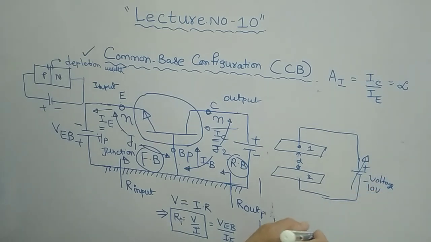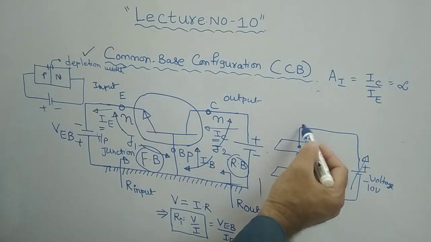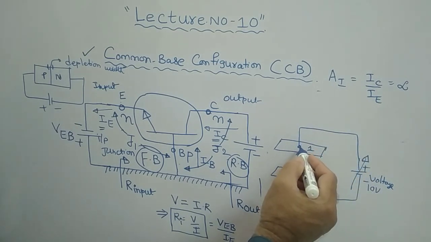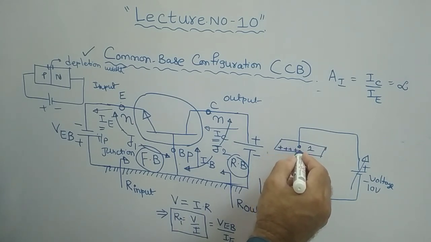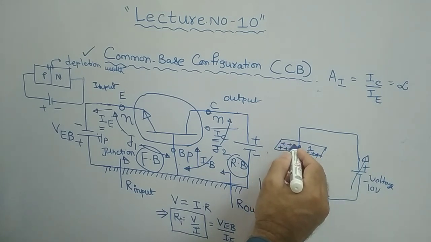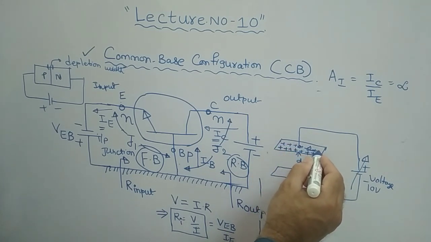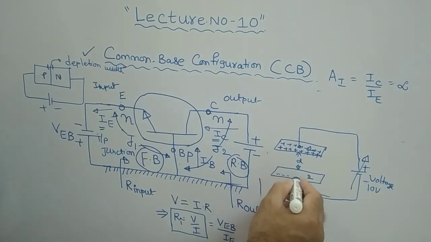Because of the plus terminal, positive charges will be deposited on this plate. Because of the negative terminal, negative charges will be deposited here.